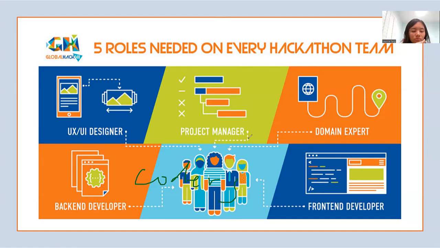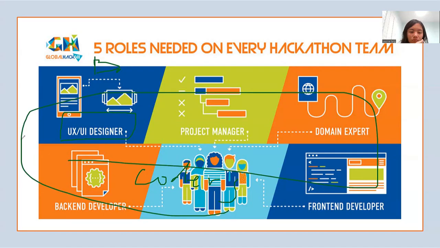This domain expert may not know about coding, and doesn't have to. And there's a UI and UX designer who does the interface. They may not do coding, but they beautify the website. So in a team, we need all of these different people.